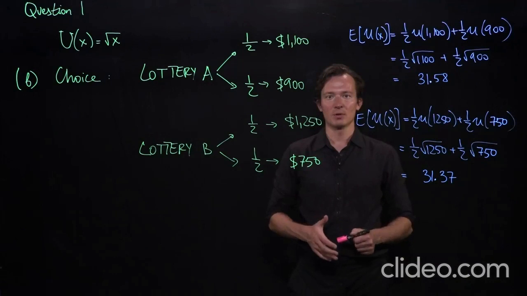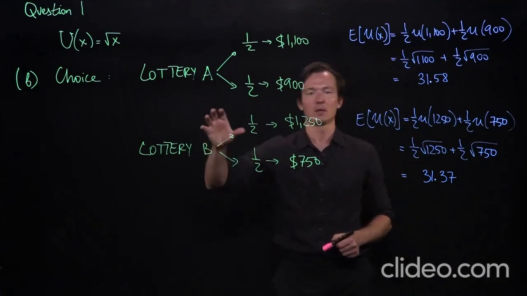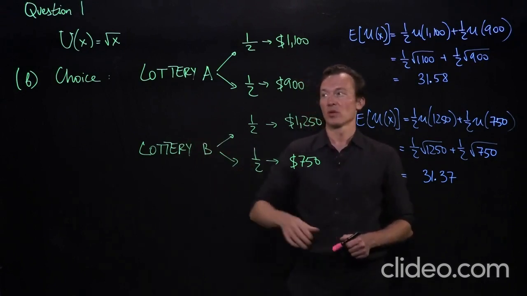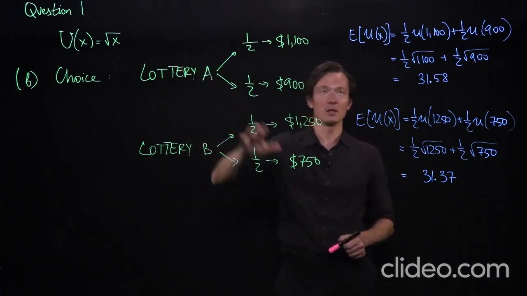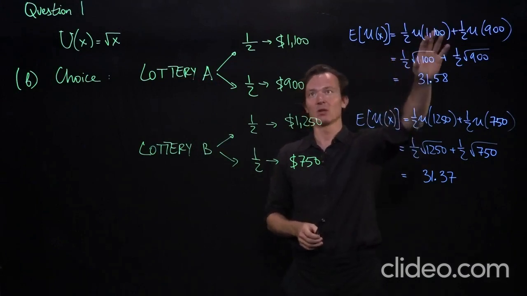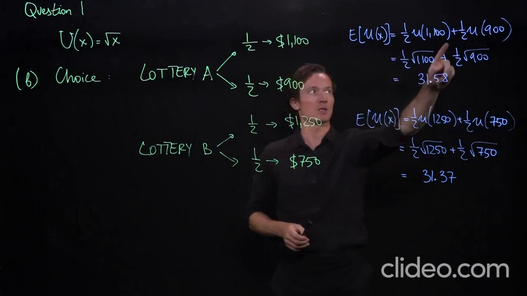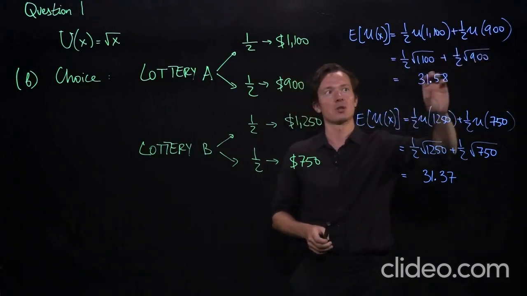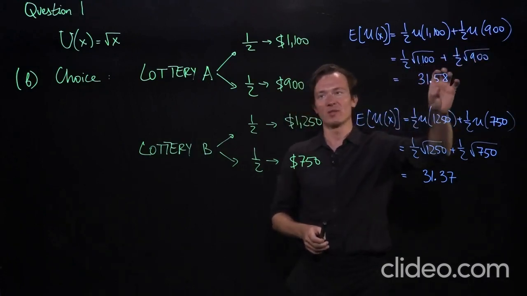Let's compute the expected utility that this investor will get from lottery A and lottery B. We've already done this calculation for lottery A, so the expected utility equals 1/2 the utility of $1,100 plus the other half utility of $900. This gave us 31.58.